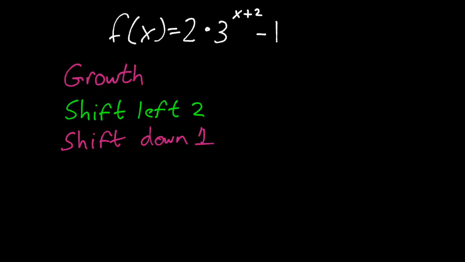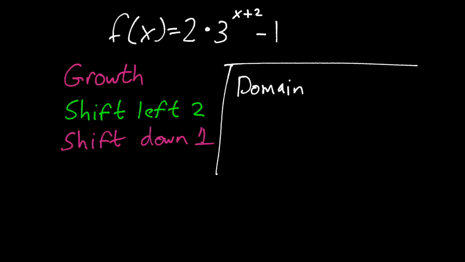Now there's one more topic we haven't quite discussed yet, and you'll be able to see this better if you actually graph your functions, but that's about domain and range. Domain and range, remember, is how the function behaves on the y-axis and how it behaves along the x-axis. So for domain, this is the x-axis.